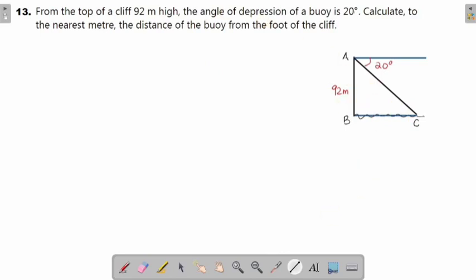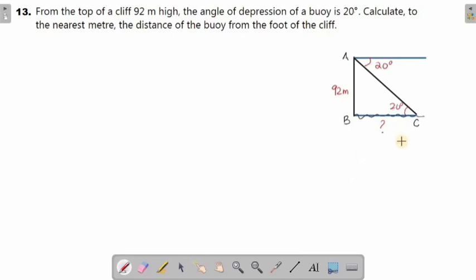I have already told you that due to alternate angles, this particular angle will also become 20 degree, same as the angle of depression. Now the question is asking what is the distance of the buoy, that is C, from the foot of the cliff, that is B. So basically the question is asking you to find what is BC.